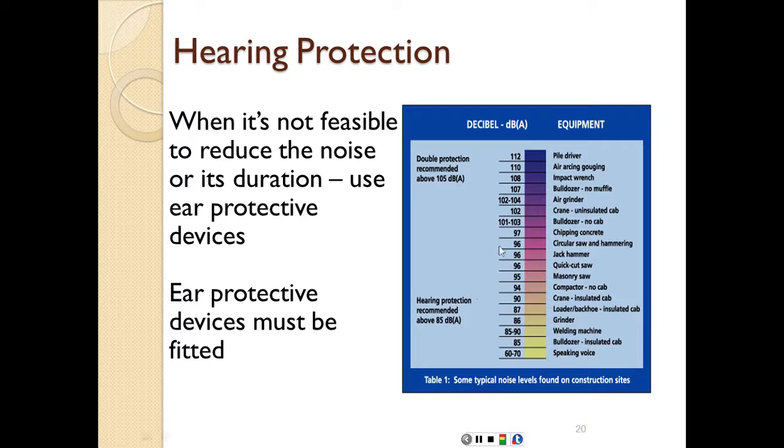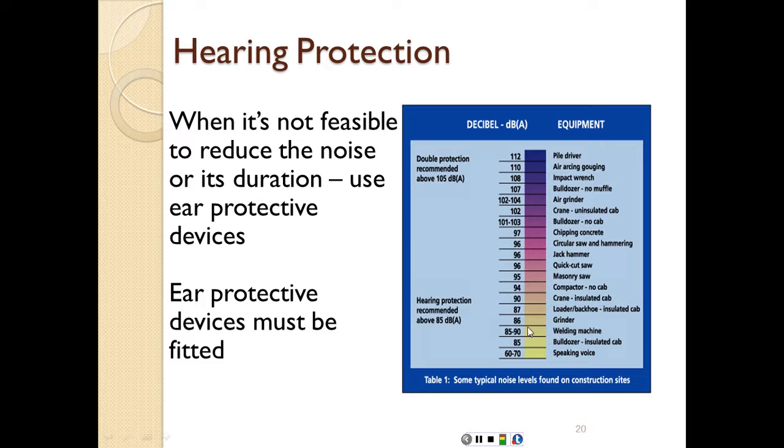And here it shows, for example, some different noise levels. Speaking voice would be anywhere between 60 and 70 decibels. A bulldozer is going to be 85 decibels for an insulated cab for the operator who's working inside that insulated cab. A welding machine is going to be anywhere between 85 and 90.